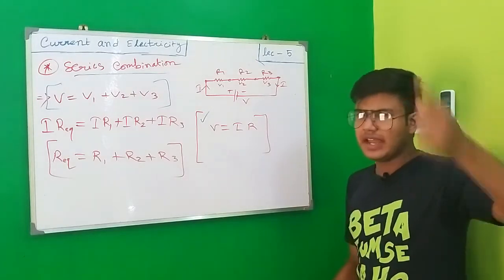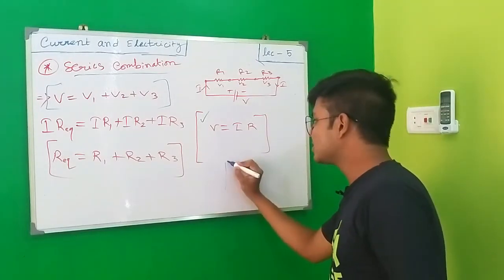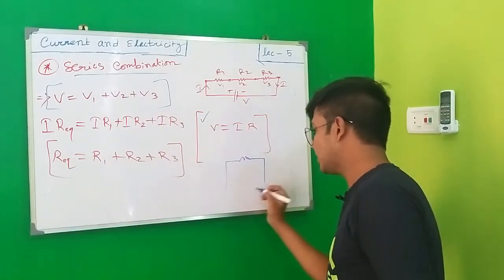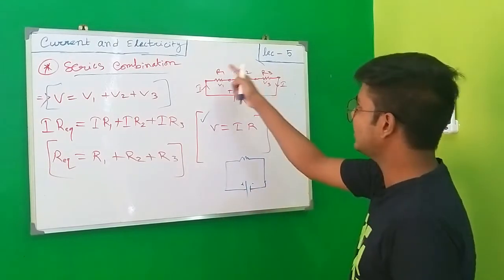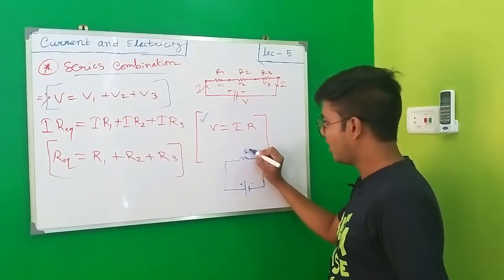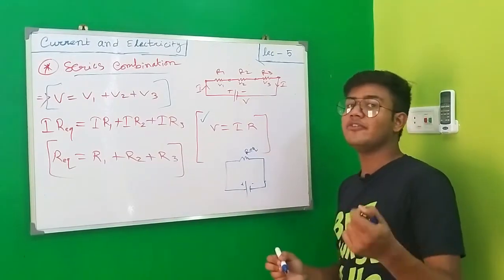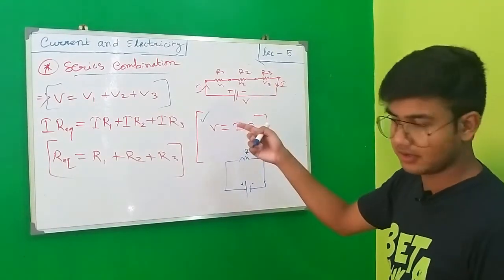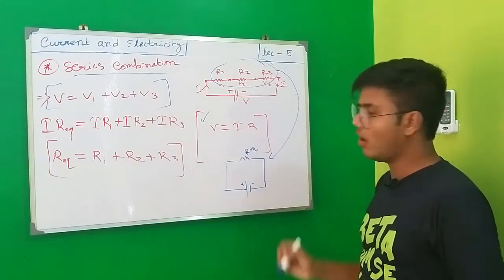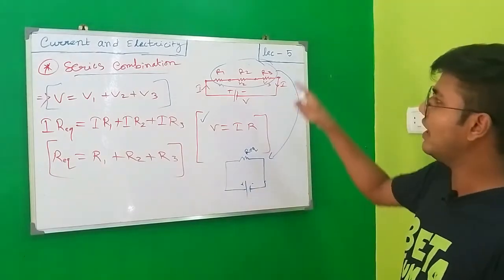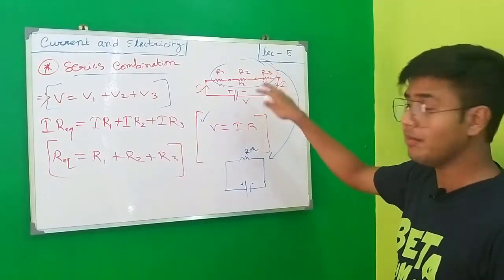So my main intention is to simplify this given circuit. So for simplifying this one, we have to consider these three as R equivalent, or the equivalent resistance of these three. So instead of these three, I am taking only one. That should be equivalent to all these three combinations.